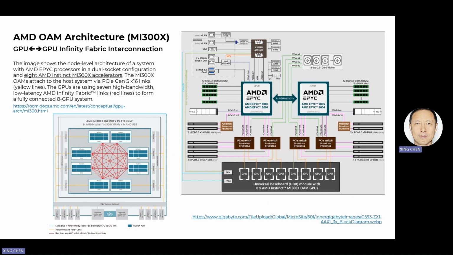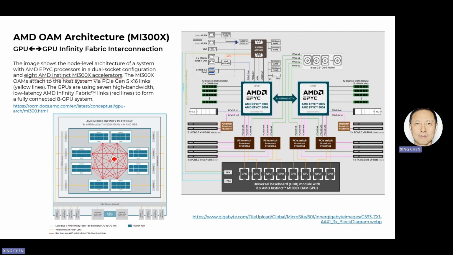Okay, now things moved to MI300X. For MI300X, this is the reference architecture. You have 8 AMD Instinct MI300X GPUs. This time the 8 GPUs are interconnected with each other by a kind of all-to-all interconnection.